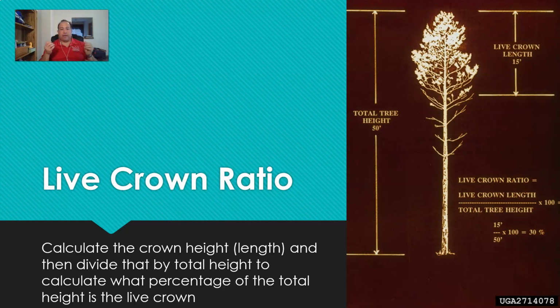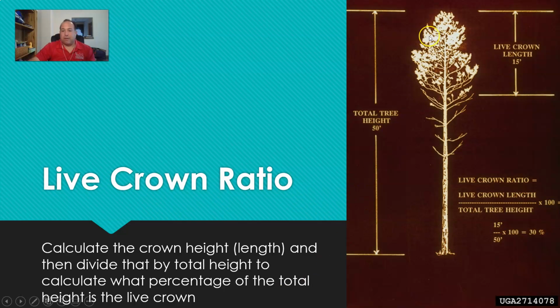We know that if trees have a lot of needles and they're kind of bushy and healthy, the tree's doing well. Whereas if the tree has a small crown, it doesn't have a lot of needles, that tree is going to be unhealthy because it can't do a lot of photosynthesis, which means it can't get a lot of energy, which means it's not going to be as productive. So we want to make sure our trees have the right size crown.